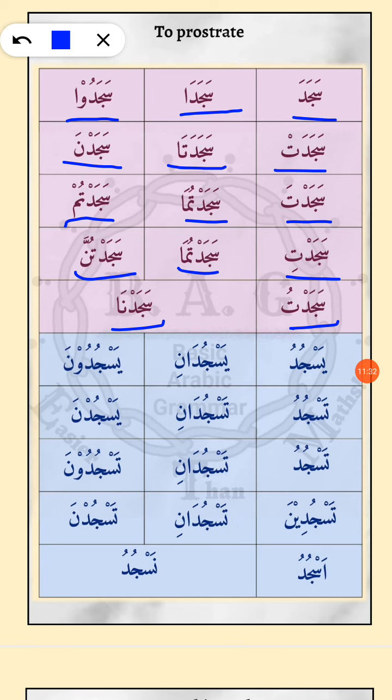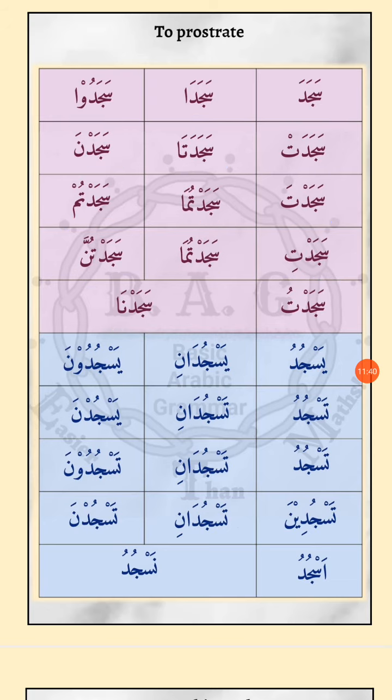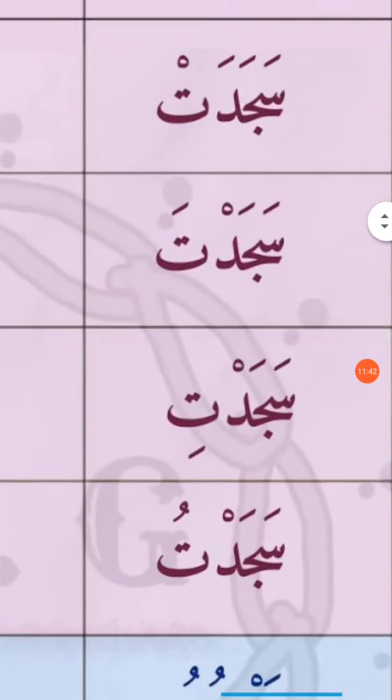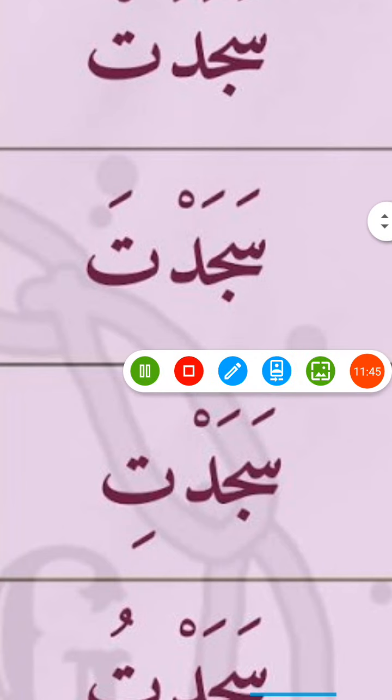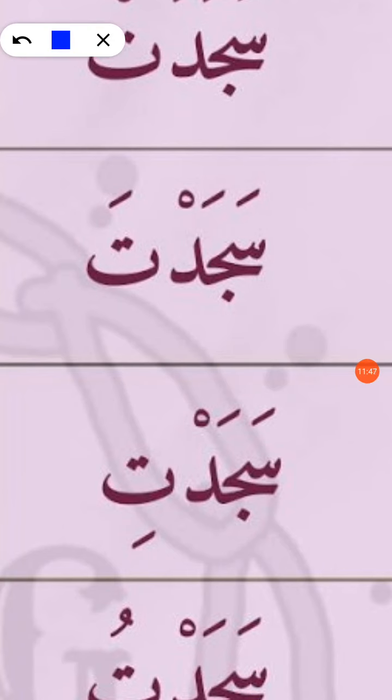Notice how I am saying sajatta, sajattuma, sajattum, sajatti. This is too much for the Arabs. They like to have a smooth speech flow. So what they do is they simply fuse these two sounds. Instead of saying sajadta, they say sajatta. That is it.